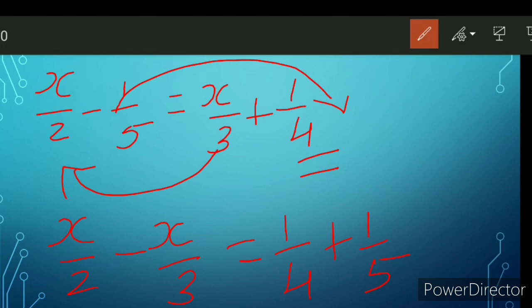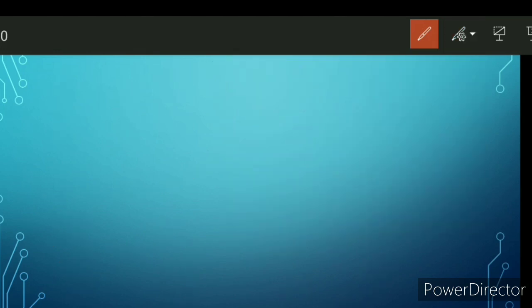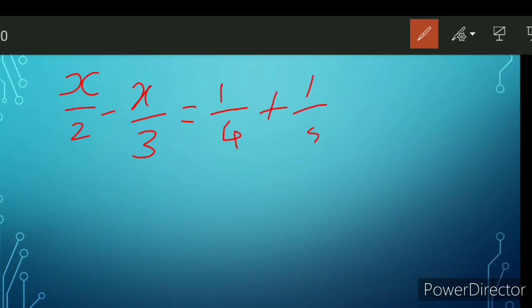Next step we will take LCM, or else we can use the method without taking LCM. We have x by 2 minus x by 3 is equal to 1 by 4 plus 1 by 5 as our last step. Multiply 2 into 3, 6.